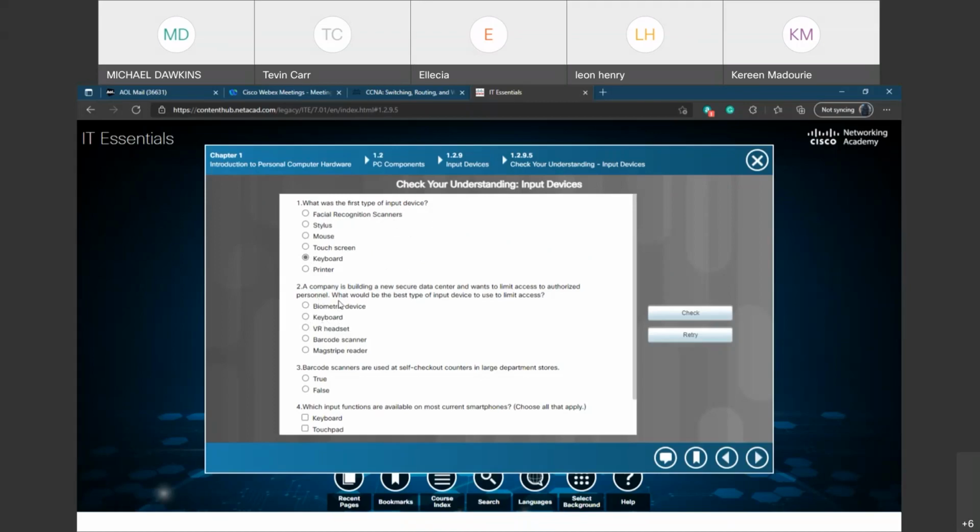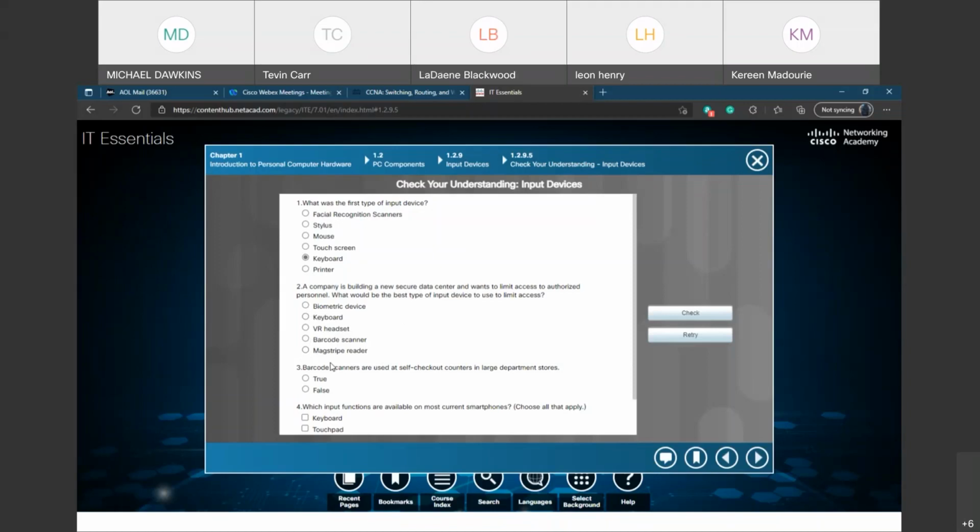All right, a company is building a new secure data center and wants to limit access to authorized personnel. What would be the best type of input device to use to limit access? Magstripe reader. Magnetic reader. You sure? I will go with biometric.